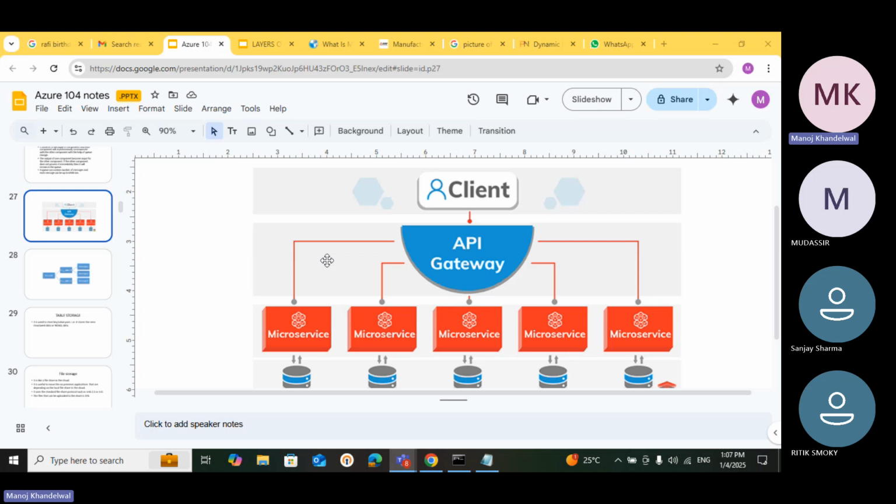Yes, ask. What is Kubernetes? Kubernetes is open source and handles things in a cluster. There are different microservices which are handled by Kubernetes. For example, suppose you have different VMs on Azure. You can make a cluster of them and handle them through Kubernetes.